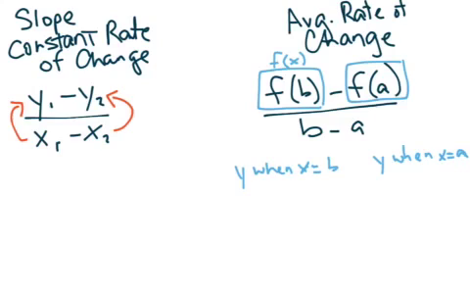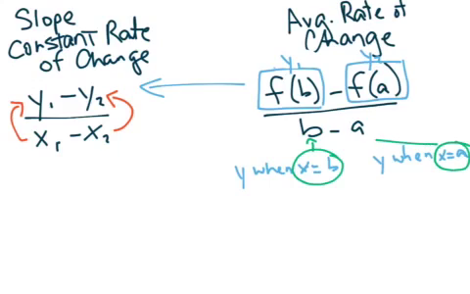Alright, so this is a y, and this is a y, or a y1 and a y2. They're two different y values. Well, that looks very similar to what's going on over here, doesn't it? And then I just told you that we're focusing on the y value when x equals b and when x equals a.